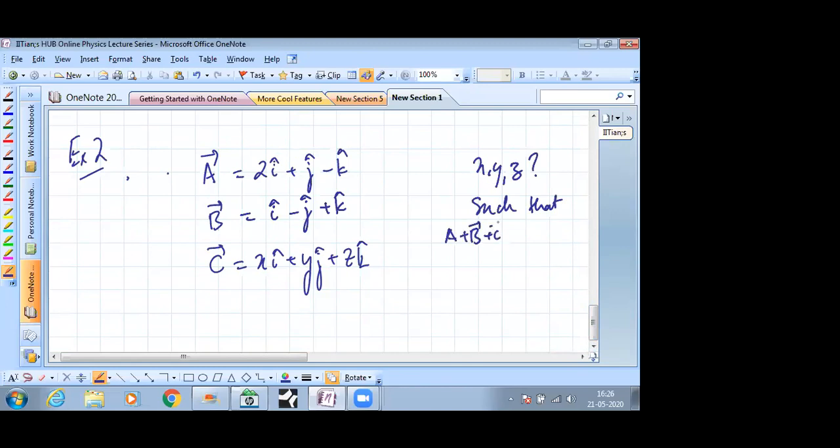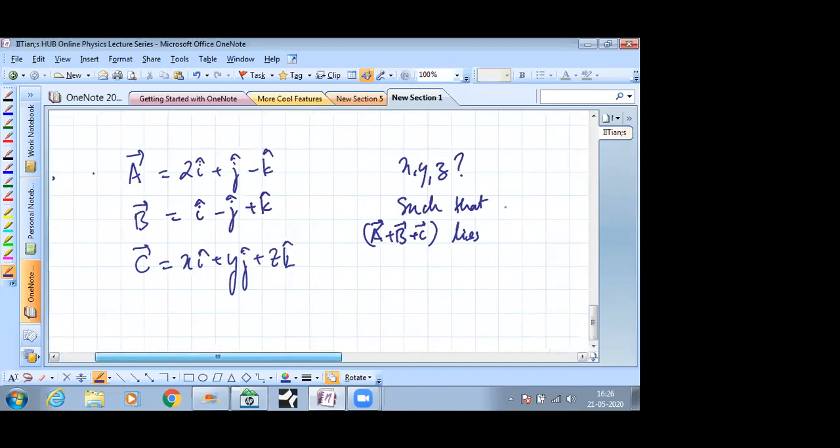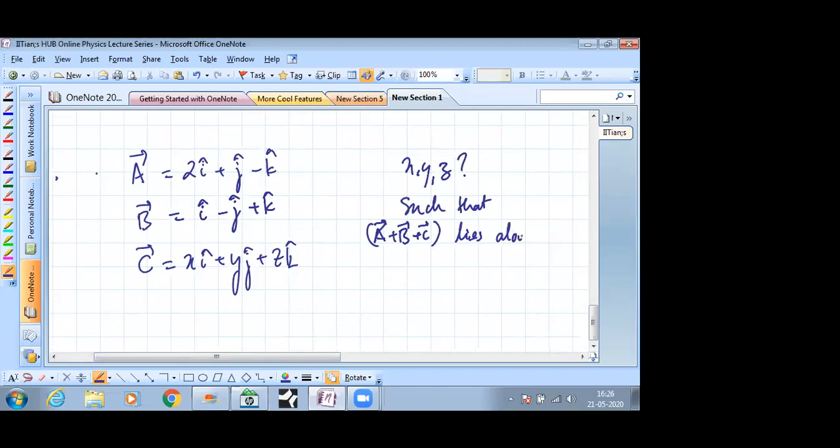a plus b plus c lies along the z axis, and the magnitude of a plus b plus c is equal to 5. Okay, so let's work this out.